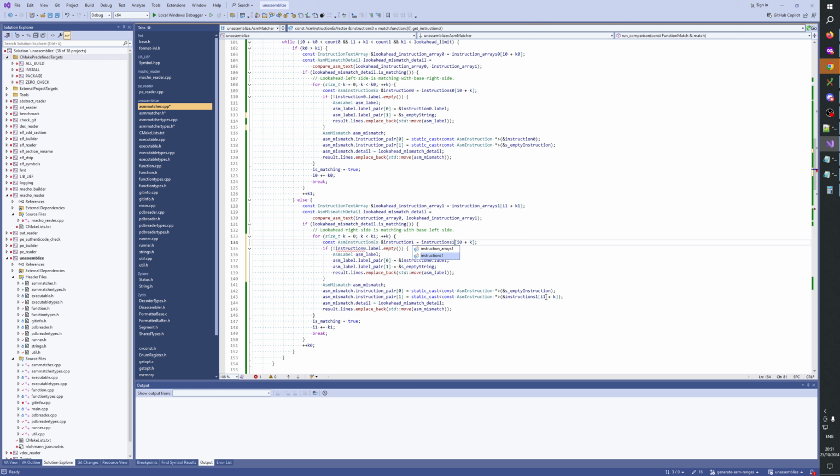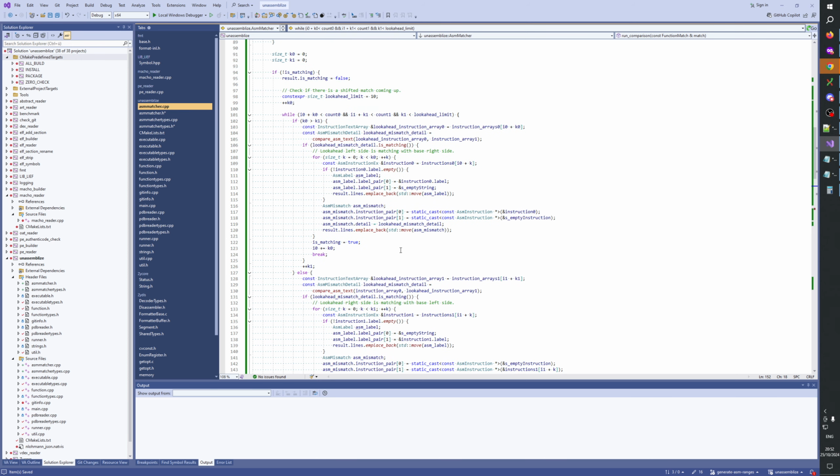Instruction 1, I1 plus k. So here we put empty string here, instruction 1 dot label, instruction 1 dot label, asm label. Yeah, okay, this should be correct.